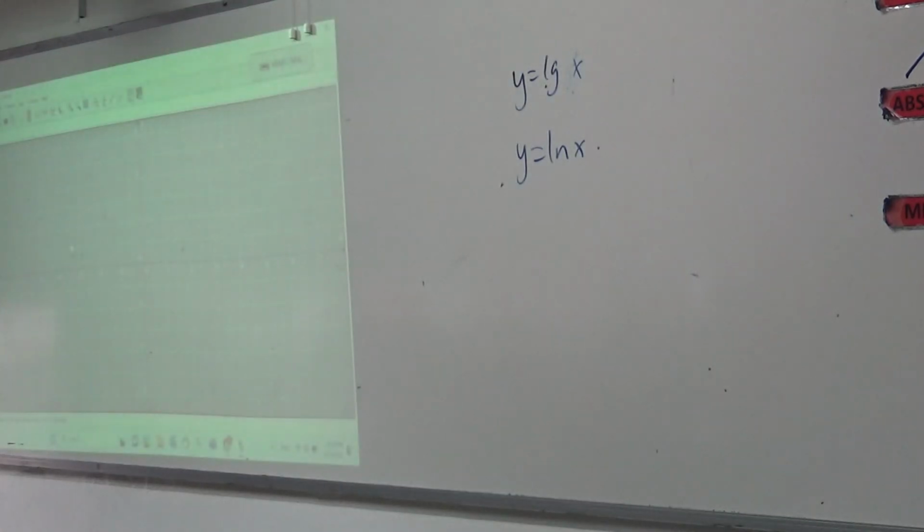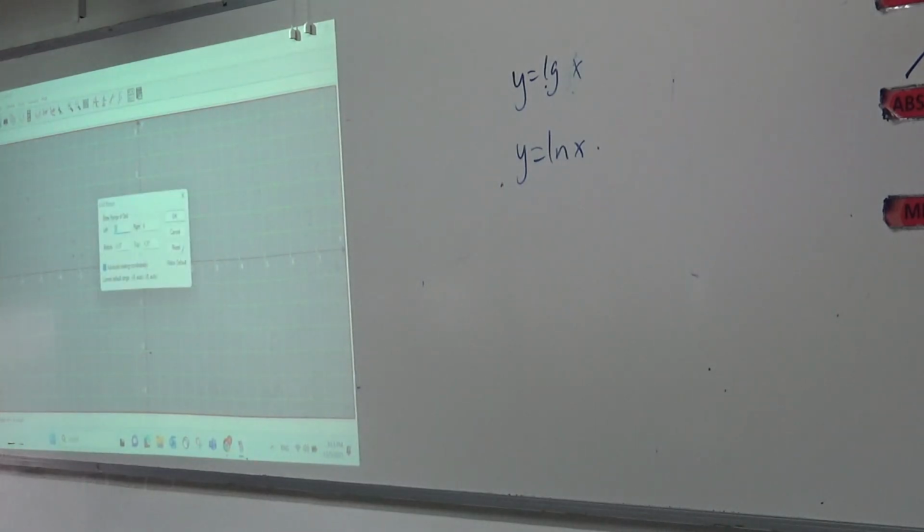Is it showing? Alright, now I'm going to change the view first. Now can you look at this graph?